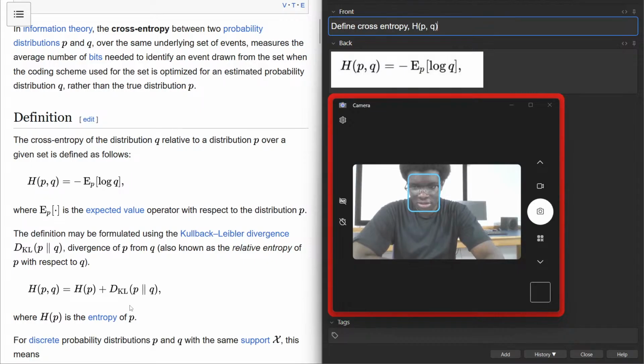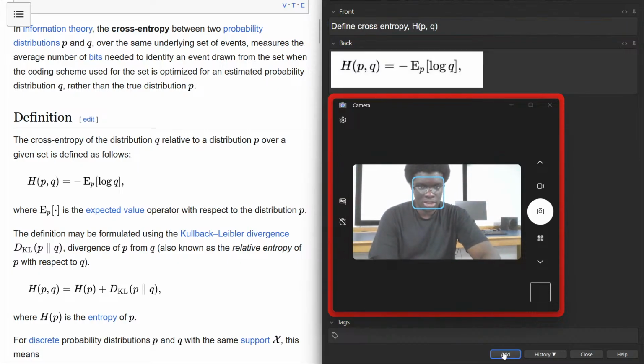So the cross entropy of P and Q is the entropy of P plus the KL divergence of P and Q. So H of P is just the expectation of log P under P. Okay, so H of P, P is equal to H of P. Right, that makes sense. And then the KL divergence would be the expectation under P of log Q minus log P, which, okay, makes sense. Then we're back to where we were before.